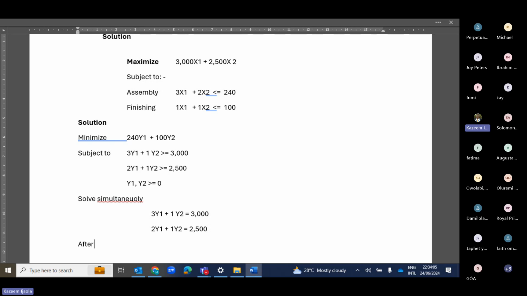After solving simultaneously, y1 is equal to 500 and y2 is equal to 1,500. So that's it. That's the meaning of form the dual. Dual simply means you are transposing your initial problem.